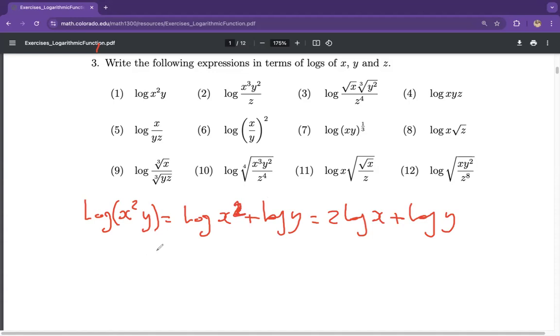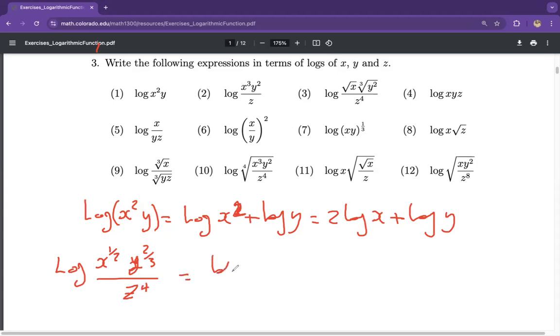If I'm given number 3, log, and you know what? I'm going to start changing this to exponential form. So that's x to the power of 1/2, then y to the power of 2/3, because that's how you change from radical form to exponential form, over z to the power of 4.